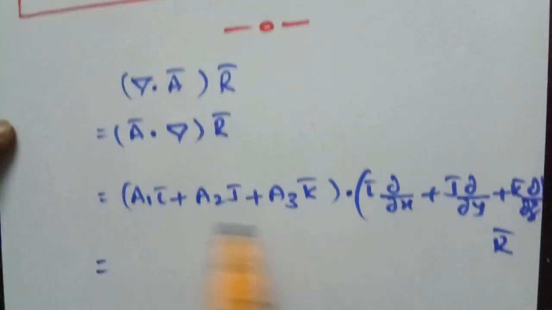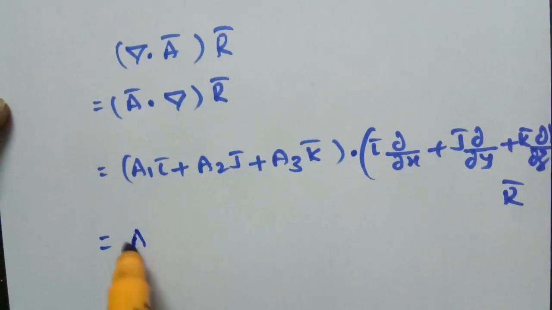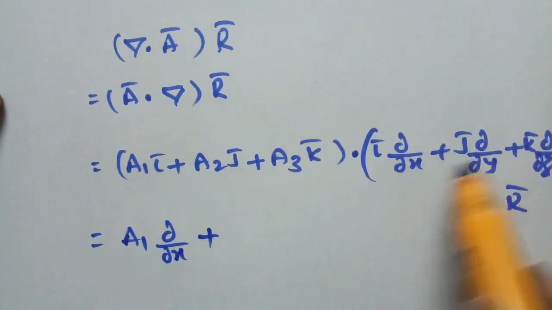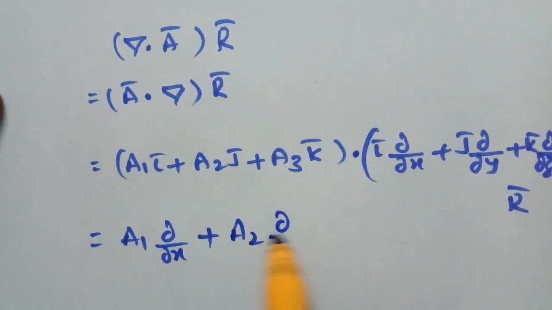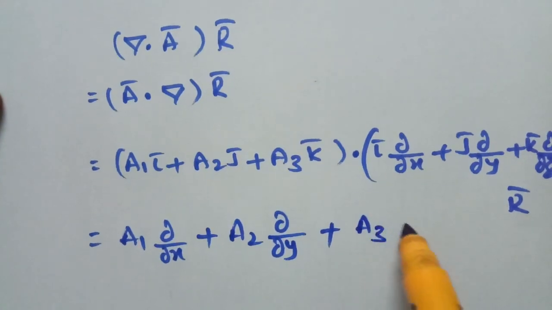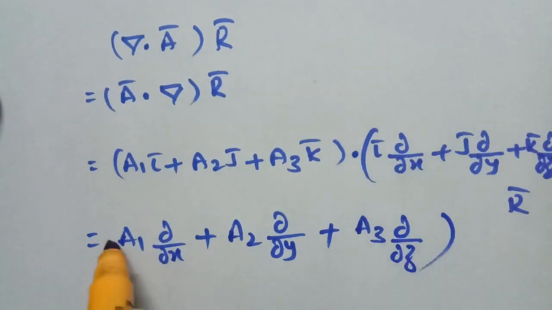Therefore, this can be written as (i bar dot i bar) a1 dou by dou x plus (j bar dot j bar) a2 dou by dou y plus (k bar dot k bar) a3 dou by dou z into r bar.